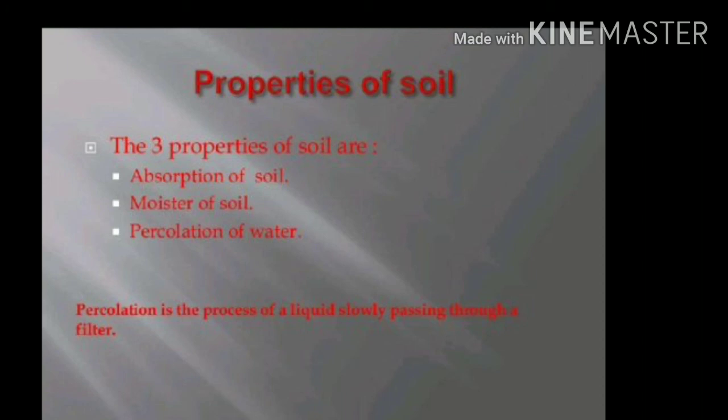Now the moisture of the soil. For that also it is very easy, a very simple activity. We take a boiling tube and 2 tablespoons of soil sample and heat it on a flame and observe.